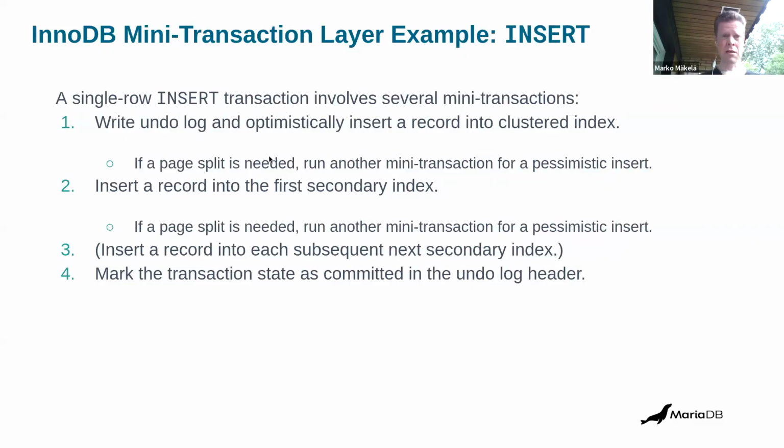And if there are any page splits needed, then we need to run further mini transactions for pessimistic insert. And if there are secondary indexes, we need to run a mini transaction for inserting a record to each secondary index separately. So it could be really many mini transactions to execute a simple insert of a single row.